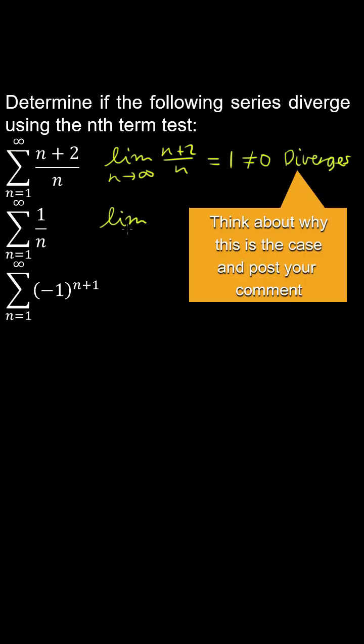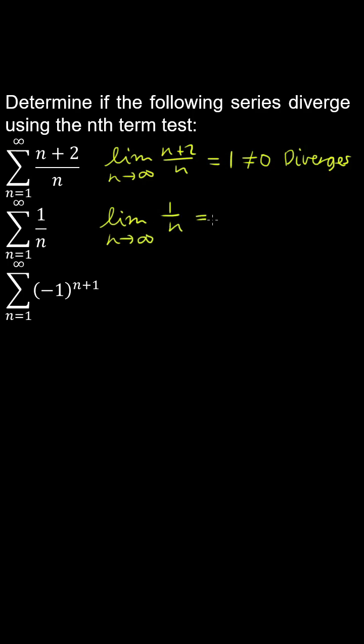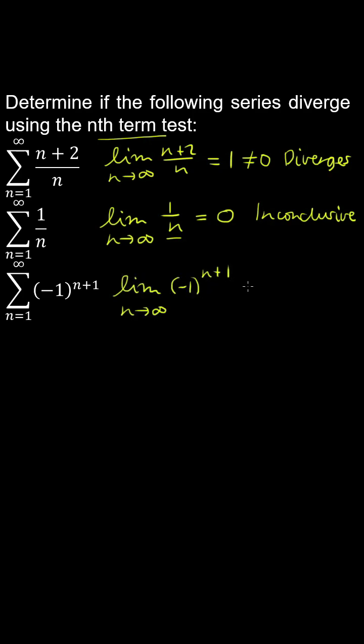Now if we take the same step for the next series, well, in this case, the limit is 0, so the test is inconclusive, because regardless of this sequence converging, the sequence of partial sums may converge or diverge. So this test only tells us if a series diverges. Now for the final series, this sequence keeps oscillating from 1 to -1, so the limit does not exist, and the series diverges.